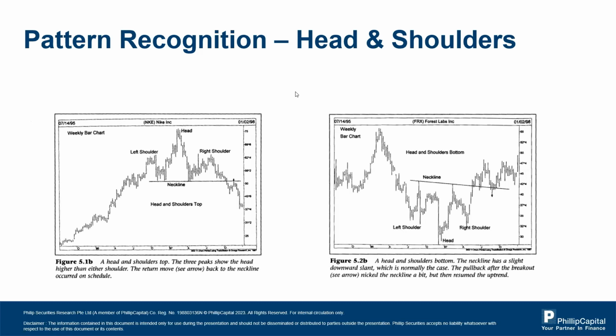Talking about terminology like flags, pennant, and head and shoulders, I think head and shoulders is slightly more important. Not because it looks like a head and shoulder, but generally you will hear a lot of traders talking about head and shoulder and inverse head and shoulder. So this terminology is quite important, therefore we are putting it out here.